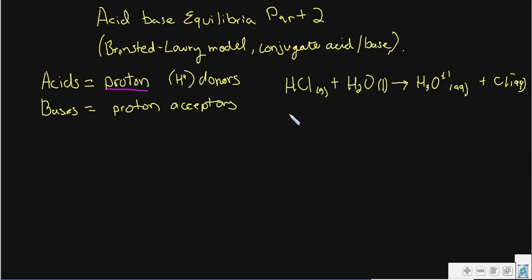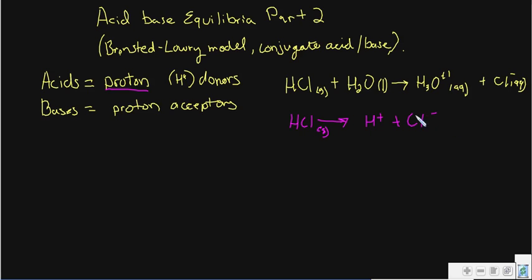And so similarly, if you were to write it in the Arrhenius model, it would be something like HCl. Actually, you wouldn't even put plus water. It goes in there, breaks up into these two ions, and these are dissociated. This would be a gas, and these, of course, both would be aqueous.